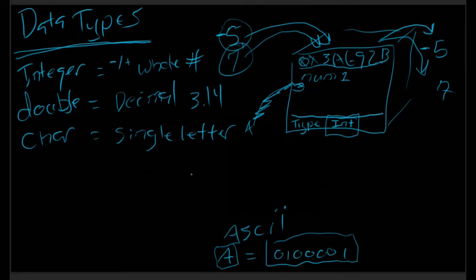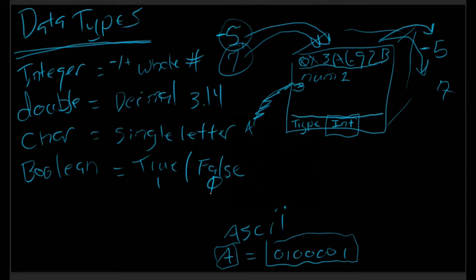Okay. The next type we have is called a bool, or a boolean, B-O-O-L-E-A-N. A boolean can hold a value true or false, or as the computer knows it, a 1 or a 0.